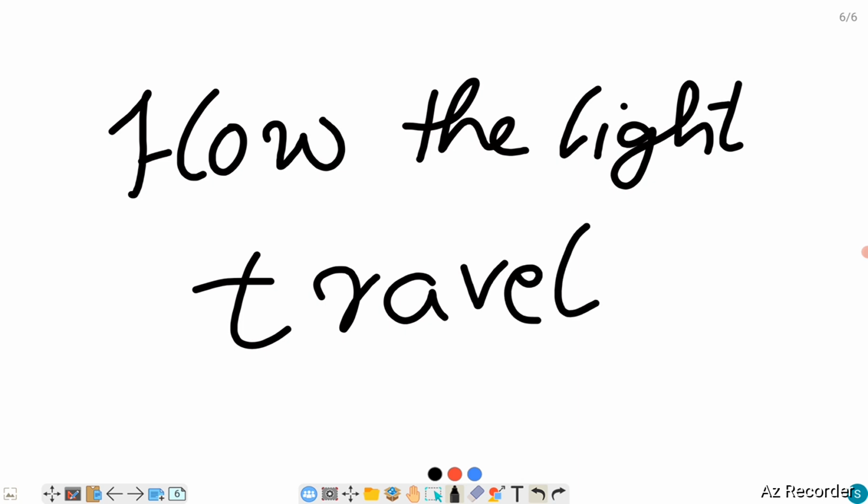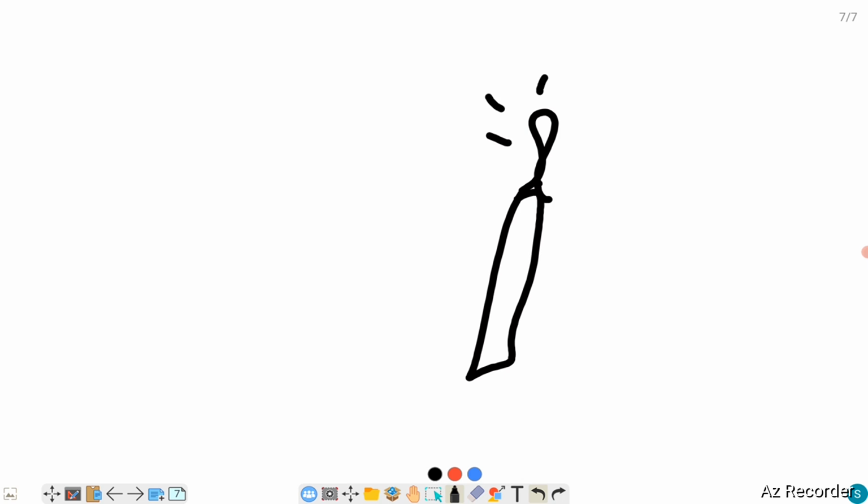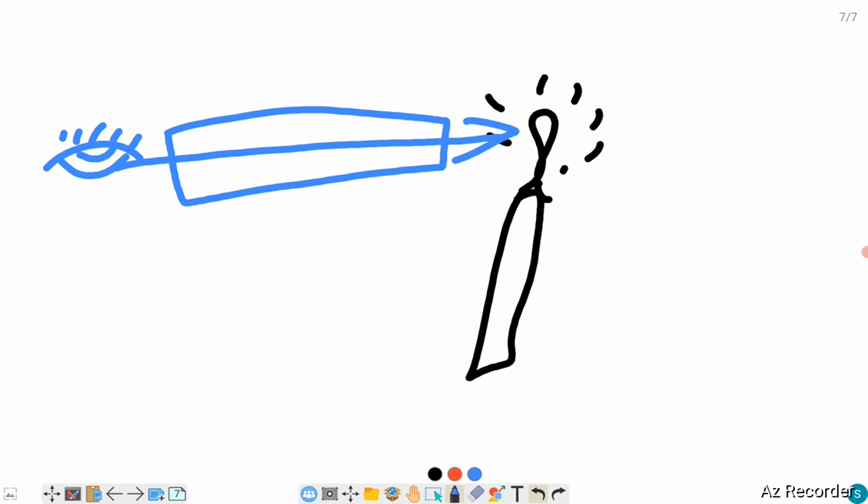If you take a candle, just light it. Then take a small straight pipe, place your eye here and look into it. Now you will be able to see this light straight.